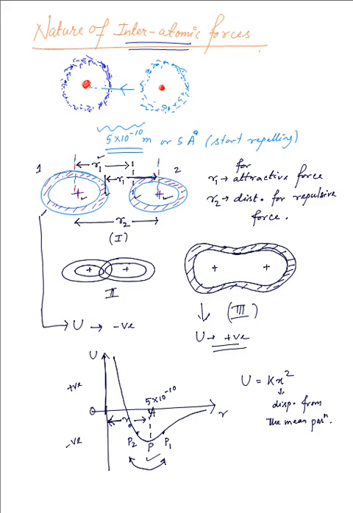And since the atomic forces are conservative in nature, we can say that F is equal to minus dU divided by dx, and that will give a result of minus kx, where actually it's minus 2kx because it is x squared over there.